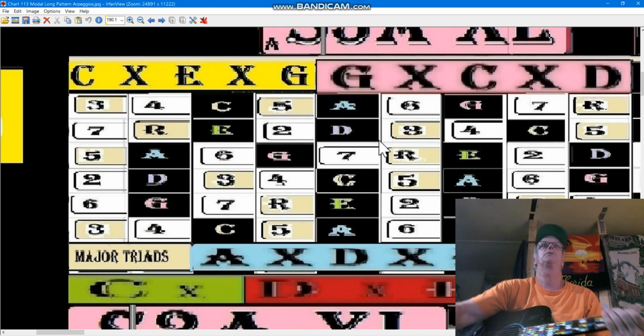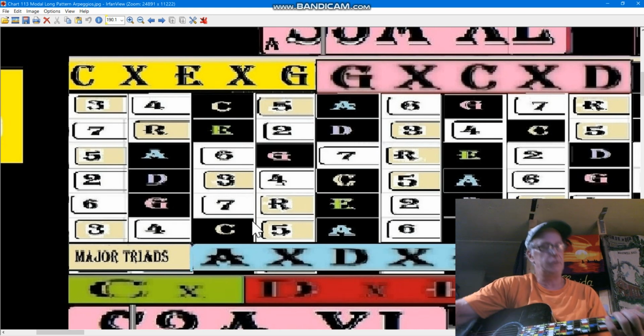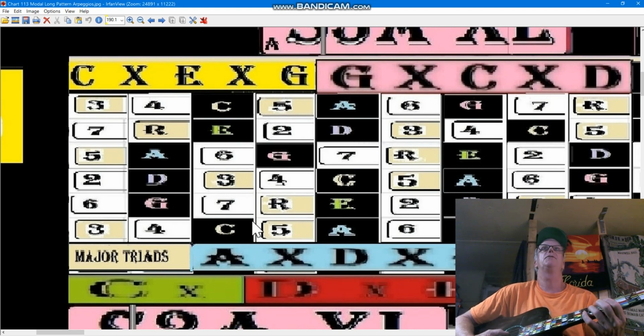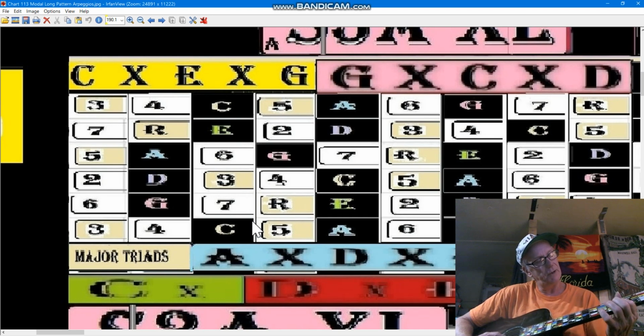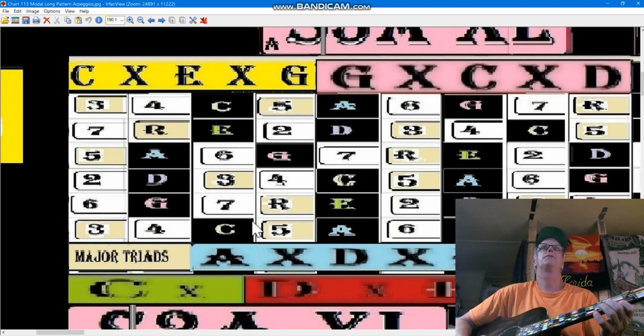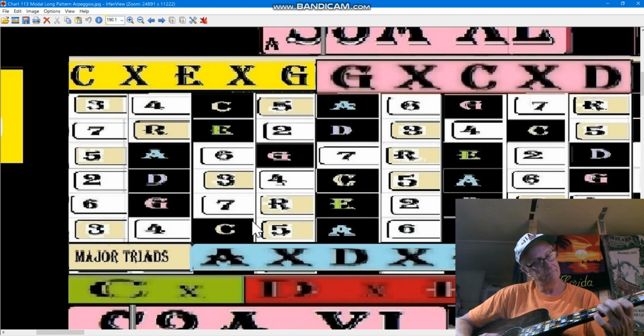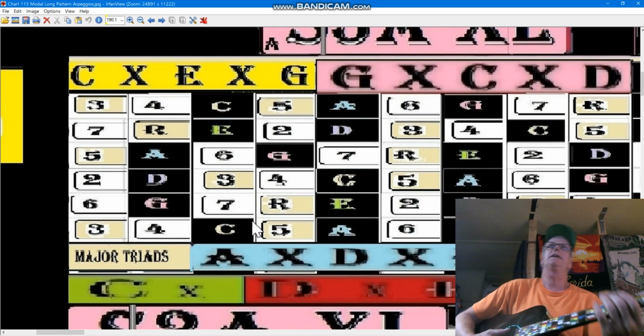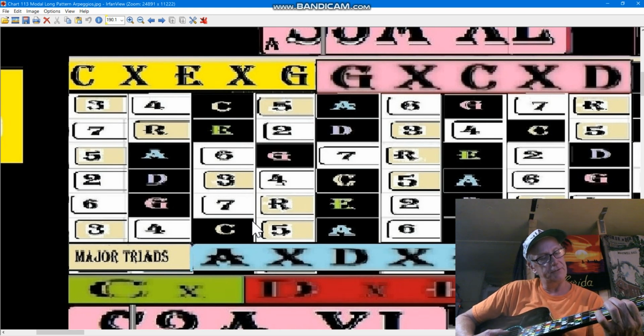Well, the actual arpeggio is 3, 5, root 3, 5, root 3, 5. Okay, the pentatonic isn't shown, but it's 3, 5, 6 root 2, 3, 5, 6 root 2, 3, 5.